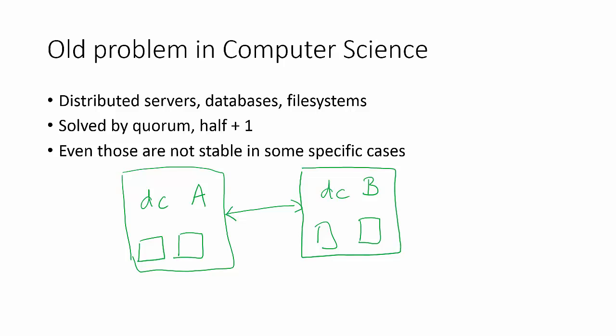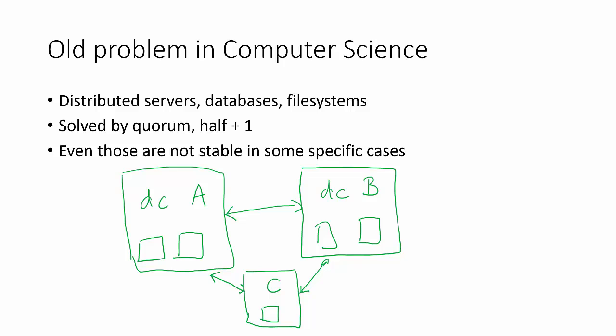So in this case we need a tiebreaker or voting node somewhere else, with network connections to A and B. Let's call this C, and it has one node. And we have network connections to B and to A. The quorum now remains at half of 5 plus 1 equals 3, with some rounding.